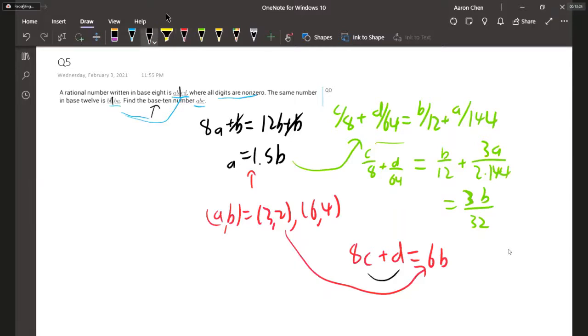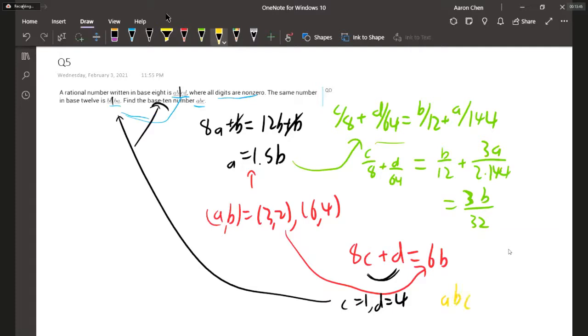And so when you solve this, you can get that c equals 1 and d is equal to 4. And when you plug this back into here, it works. And then that tells you that the 3-digit integer ABC is equal to 321.